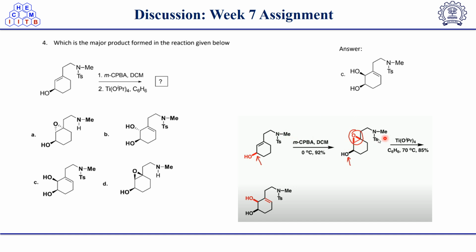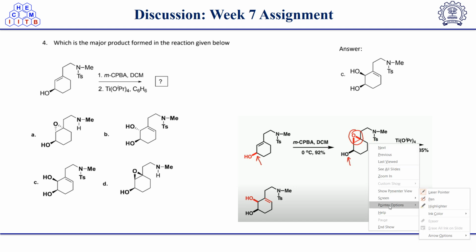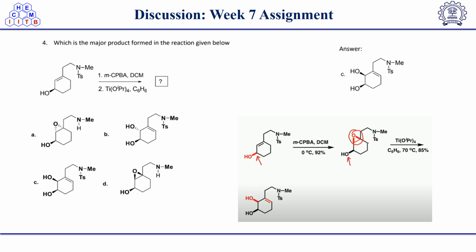And in the next step, the epoxide will get opened, as if it is pulling from here. Let me take my pen. As we know, one hydrogen will be there, and that will give its electron to this, and as a result this epoxide will open, and here we will be getting that double bond.